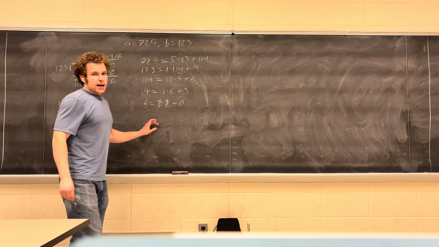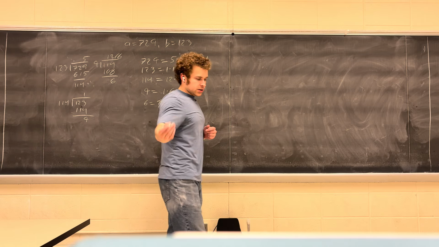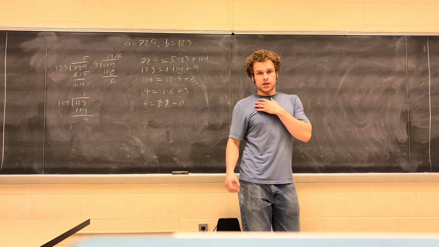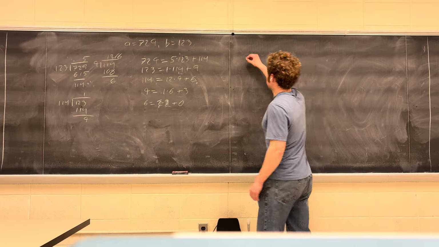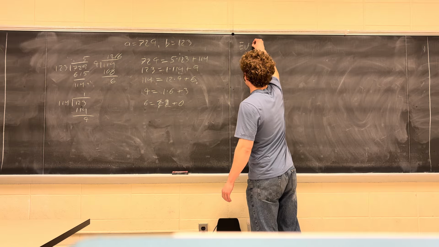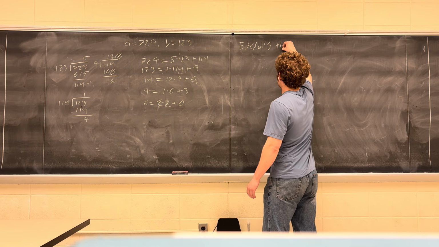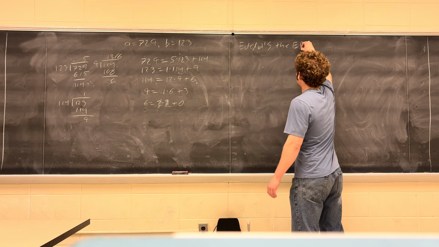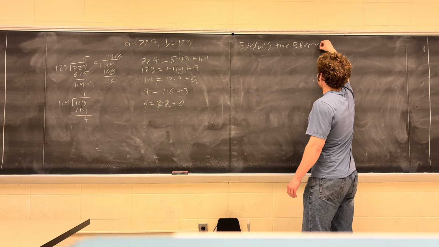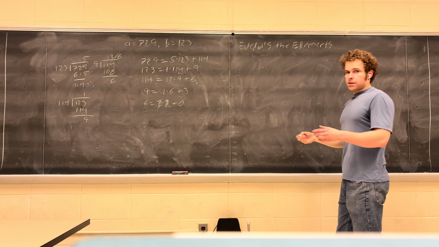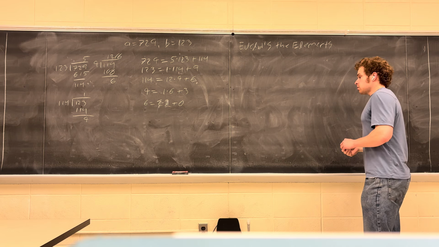But this is actually not how the Euclidean algorithm was originally presented by Euclid in his book, The Elements. So he wrote this book in 300 BC. And it was a really important source of all things mathematical for almost 2,000 years.